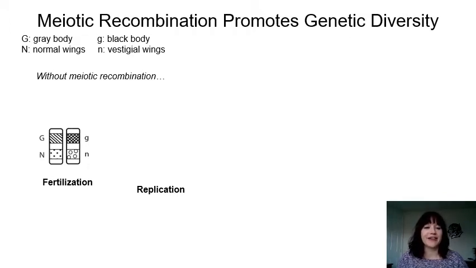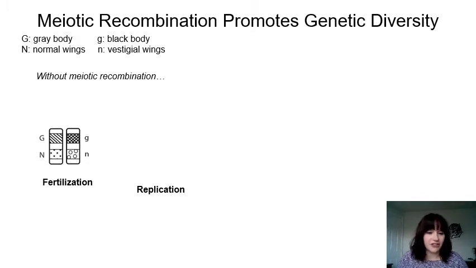All right. So let's look at an example of the impact of meiotic recombination or crossing over. So during meiosis, here we've got a germ cell that has two homologous chromosomes, and I've drawn here two genes on each chromosome. Right?